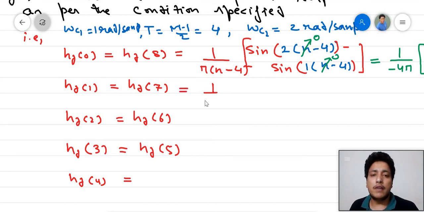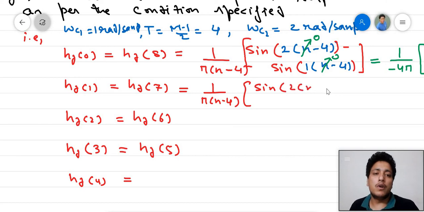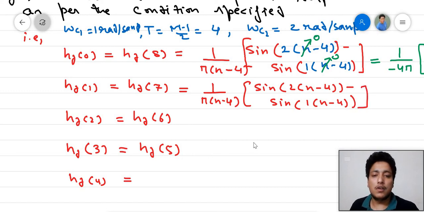Next we'll find hd(1), that is also equal to hd(7). So that will be 1 by pi (n minus 4) times [sine 2 (n minus 4) minus sine 1 (n minus 4)]. In this case n will be equal to 1.